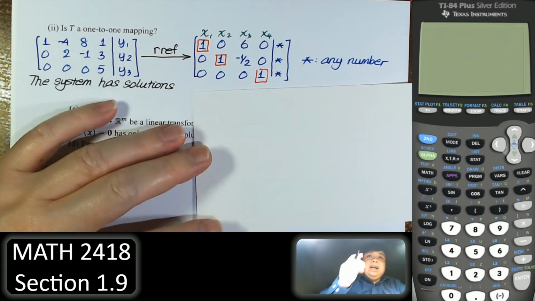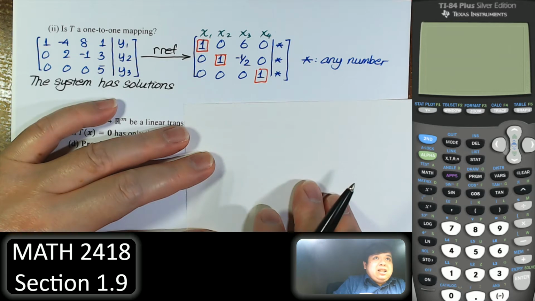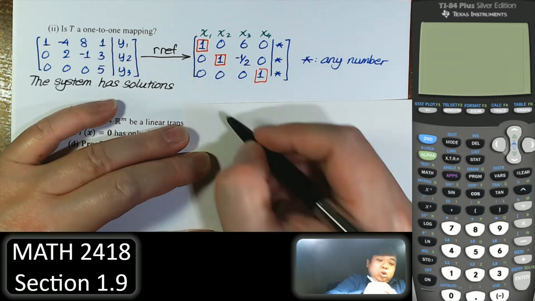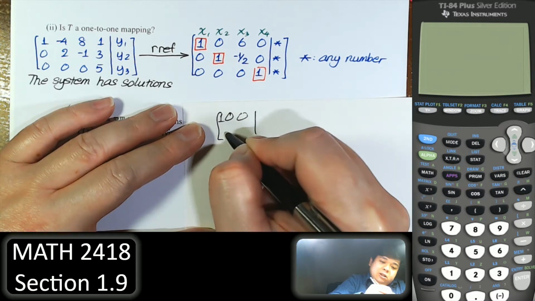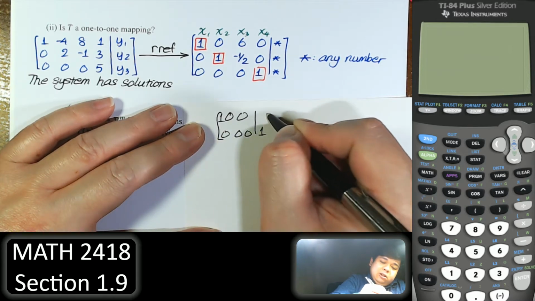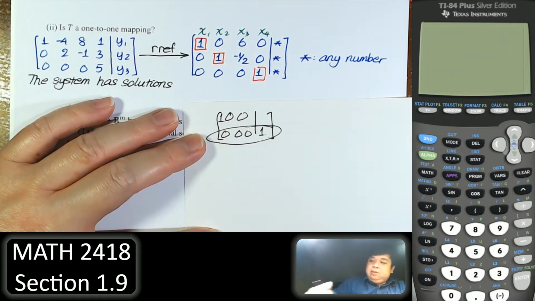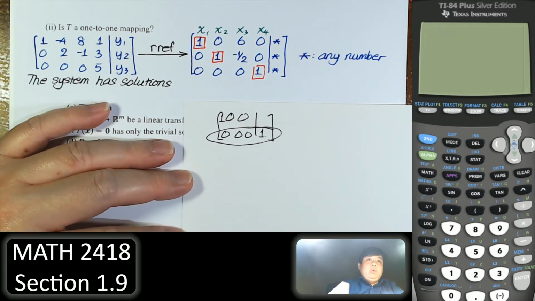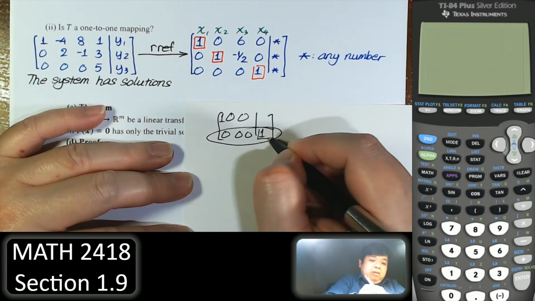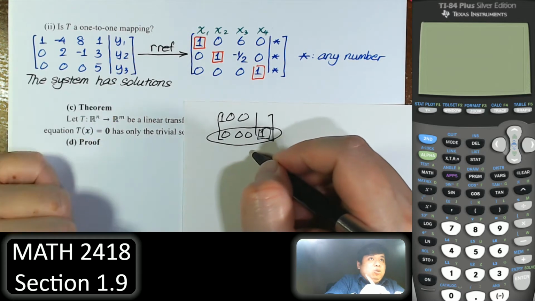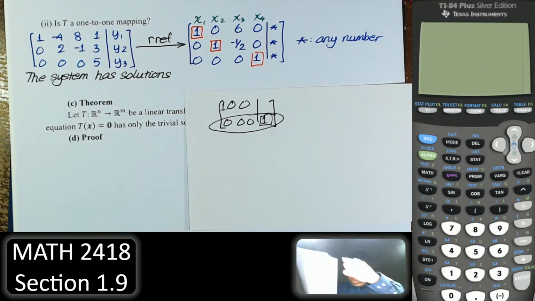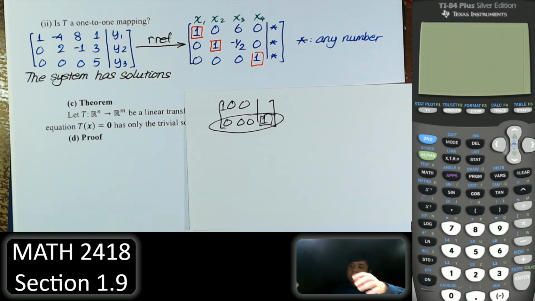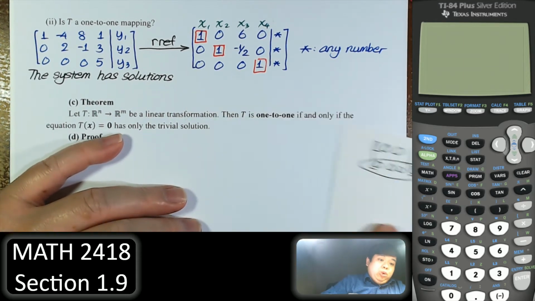Well, all I can say is that the system has no solution if we have something like that. If we have the pivot on the last column, then there will be no solution, which we do not have here.